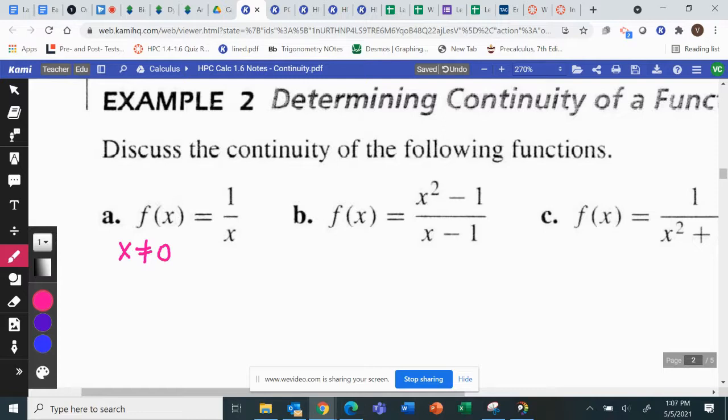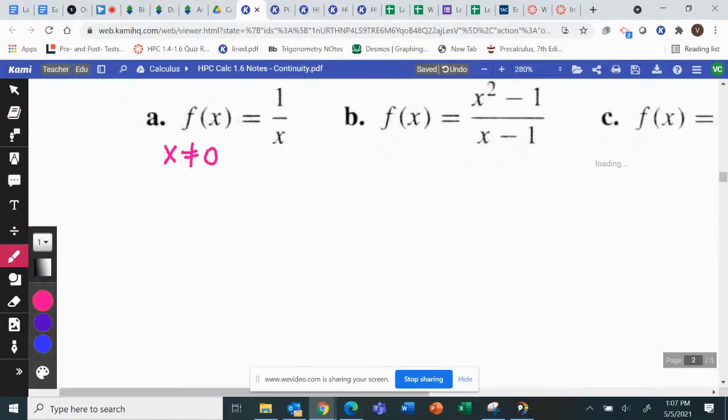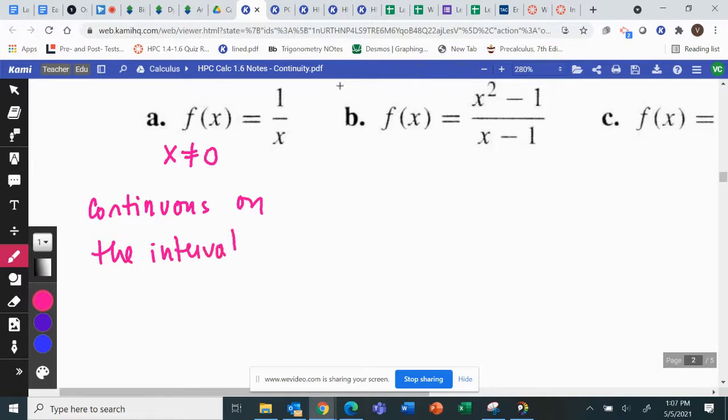To write that, we'll write that it is continuous on the interval negative infinity to 0, union 0 to infinity. That's exactly what Christopher just said: everything except for 0.